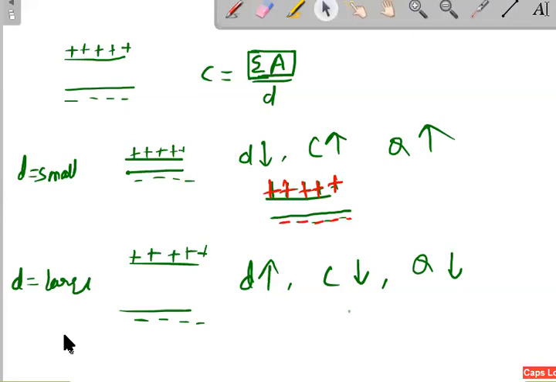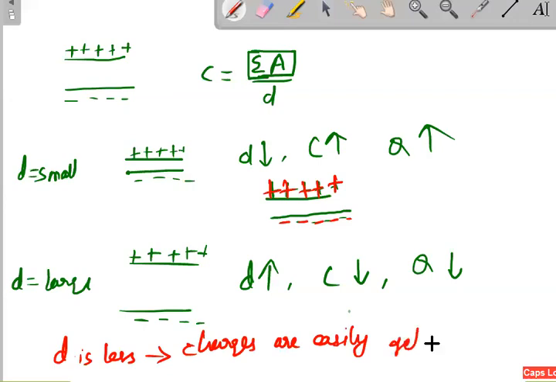Please note down very clearly. If d is less, charges are easily getting induced on the plates.